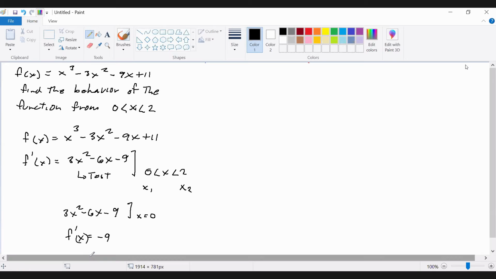That's the base value, correct? When x is 2, comparing it to 3x squared minus 6x minus 9, take note: when x is equal to 0, the gradient is negative 9.